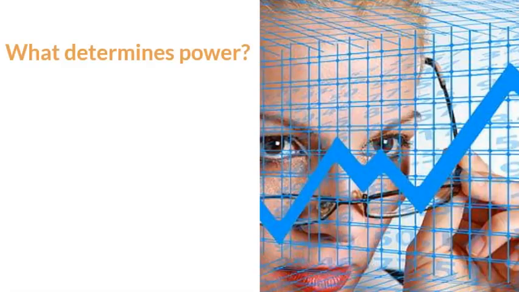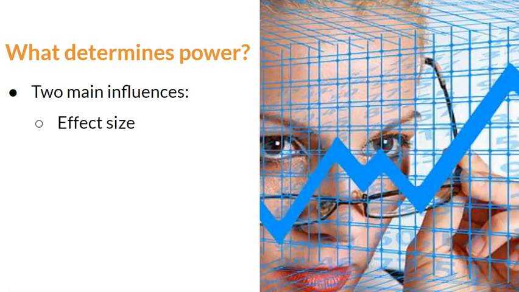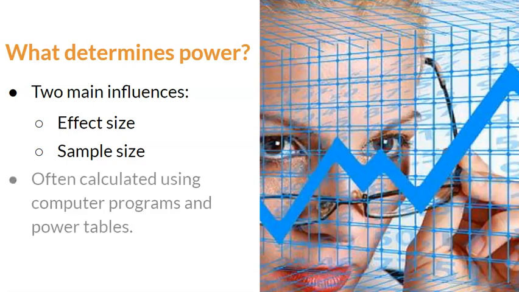When designing a research study, there are two main influences on statistical power. The first is effect size, which is the size of the treatment effect. The second is sample size, or the number of participants in the research study. Researchers can calculate statistical power ahead of time using computer programs and power tables.